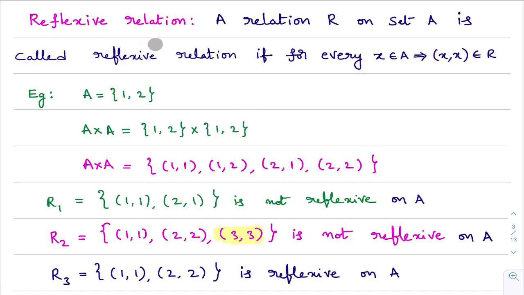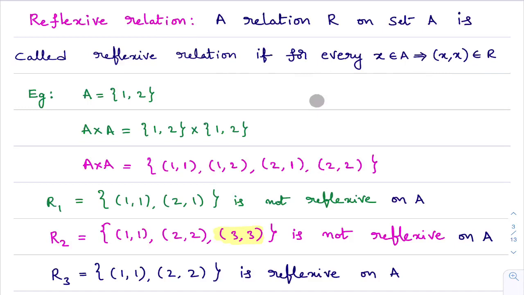Reflexive relation. What is reflexive relation? A relation R on set A. First of all, R is a relation on set A. It is said to be reflexive relation if you take an element X in set A, and the ordered pair X comma X is present in the given relation. Then we call that relation reflexive relation.